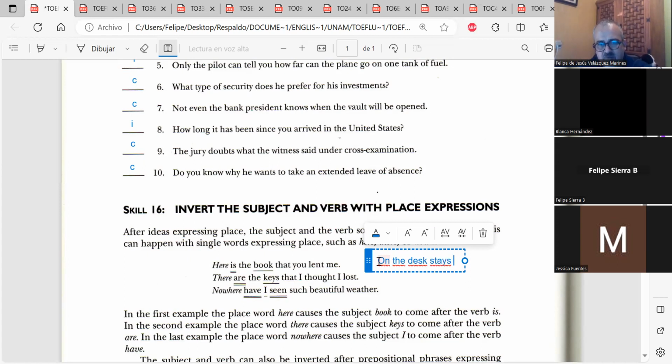Stays. On the desk stays what? The book that you lent. And if you notice here, it is using parallel structure. This is the equivalent of saying there is and the object, no?